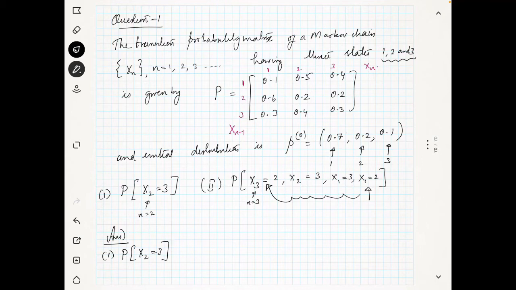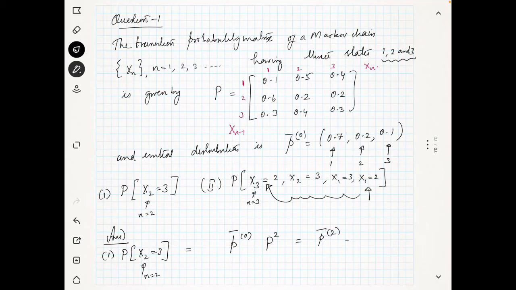If you are talking about n equal to 2, you can find P square and take the initial distribution, which is your p0 bar anyway. So p0 bar, then you will be getting p2.